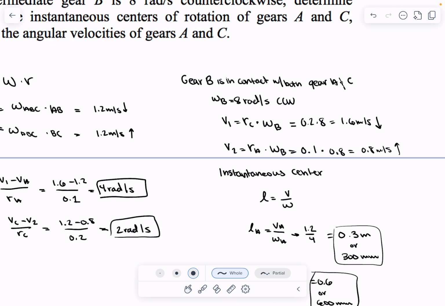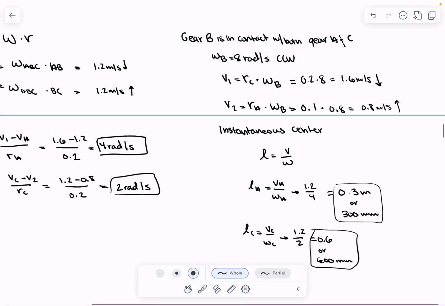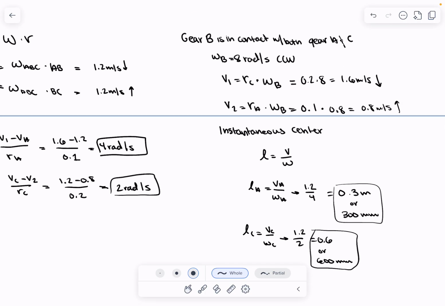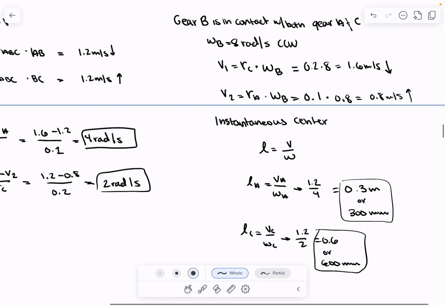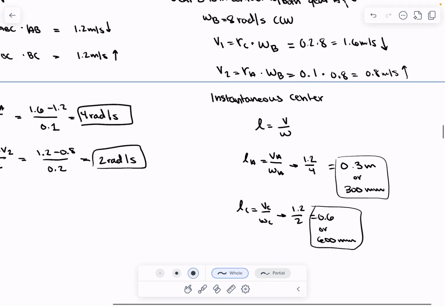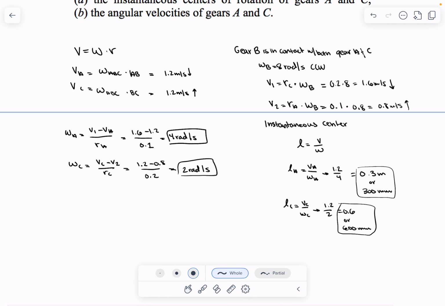In our instantaneous center, we get our velocity over angular velocity. So these are just the velocity of the points. So we get 1.2 over 4, or 0.3 meters. And for C, we get 0.6 meters, or 600 millimeters.